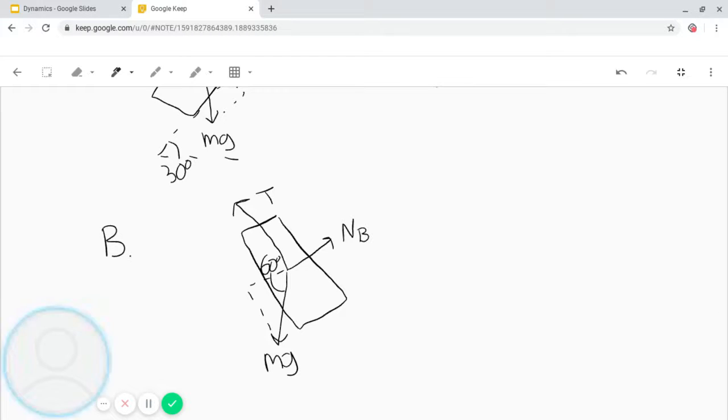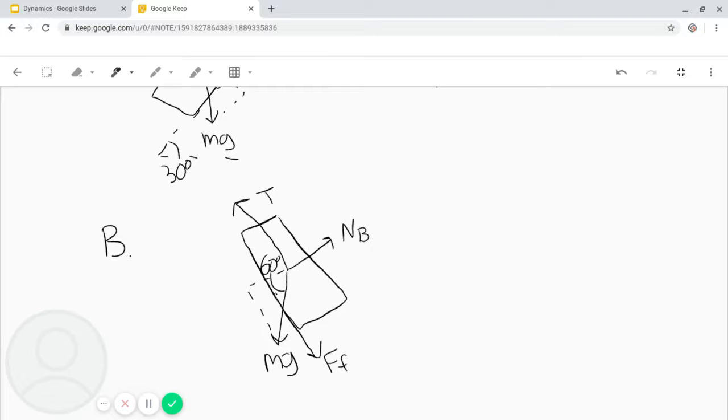And then assuming that the direction of motion is this way, then we will have a friction force here, which is opposite of the direction of motion. And again, if we're wrong about our assumption that the friction force is that way and that the direction of motion is up in this case, then we'll just get negative numbers and we'll just have to change what we're doing there.